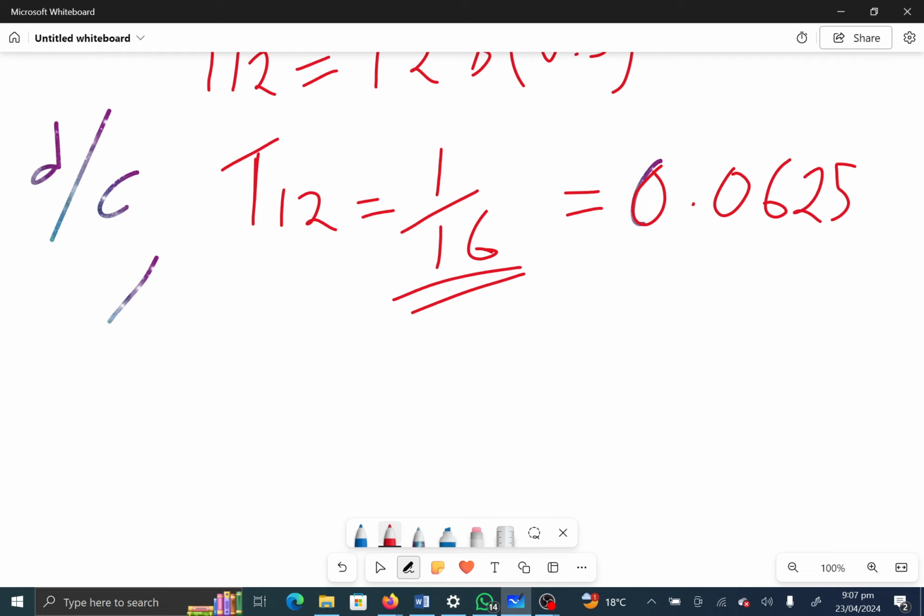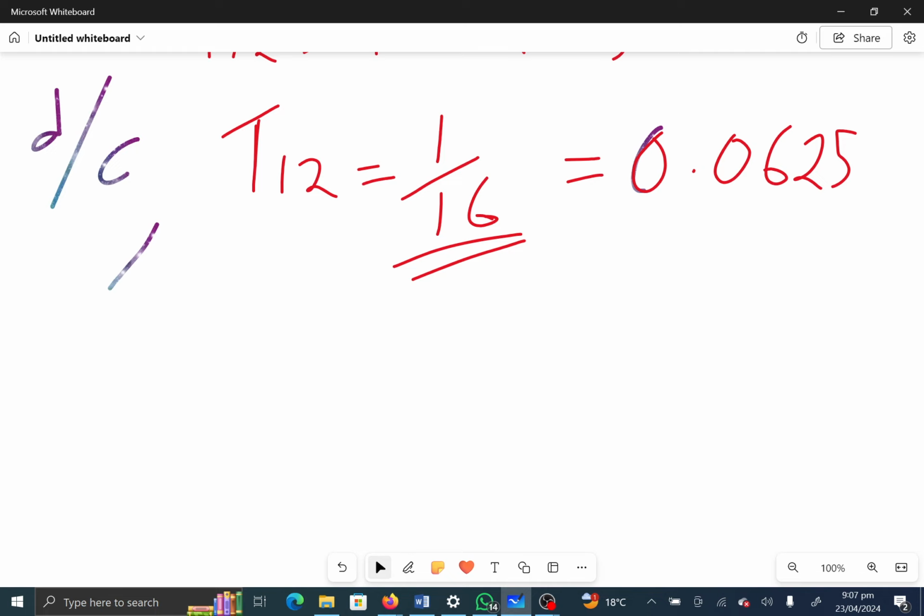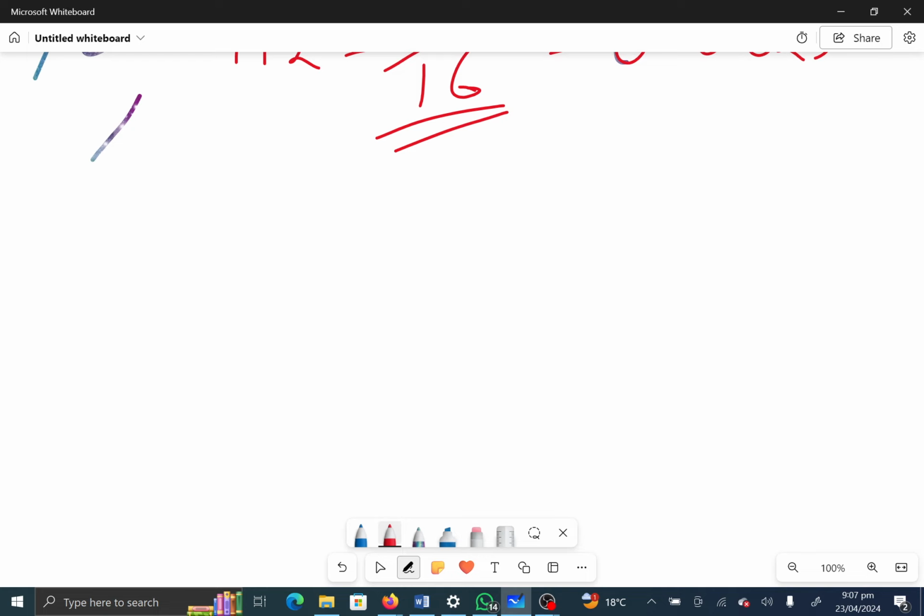For us to be able to find the formula for the nth term, we first write our formula, which is Tn, the nth term, is equal to ar to the power n minus 1, where a is the first term and r is the common ratio.